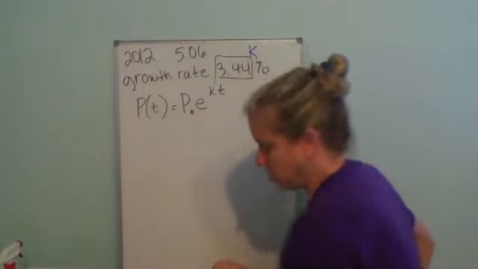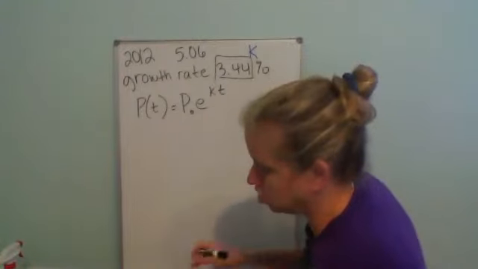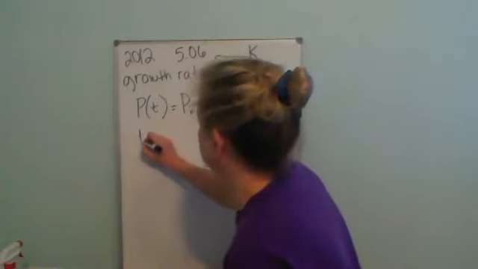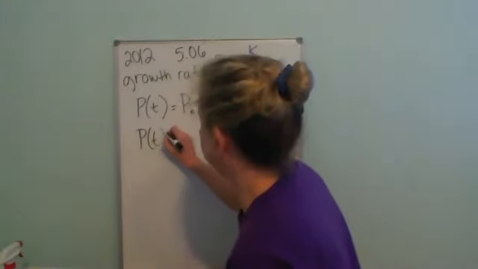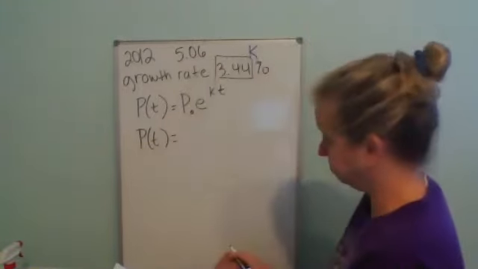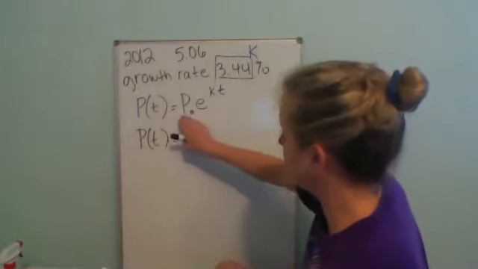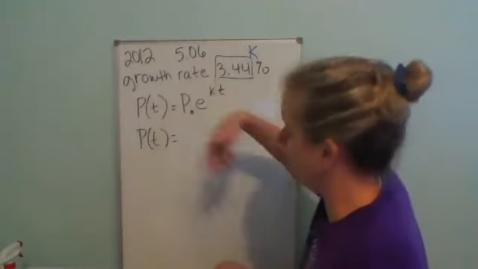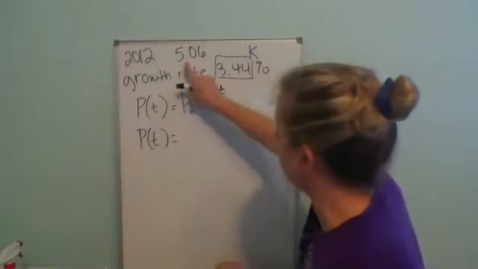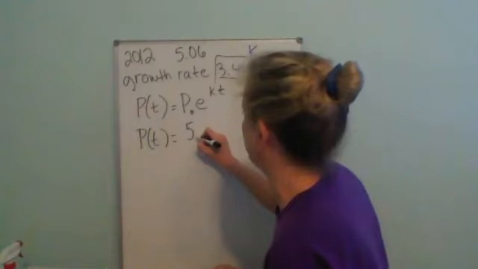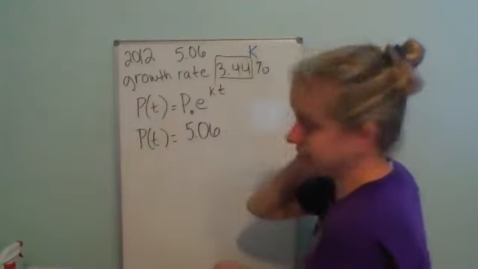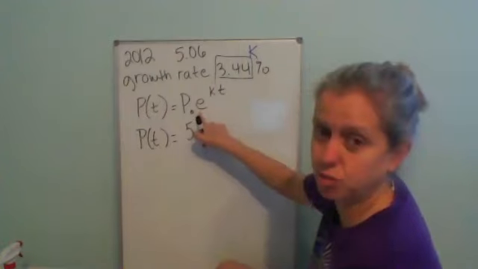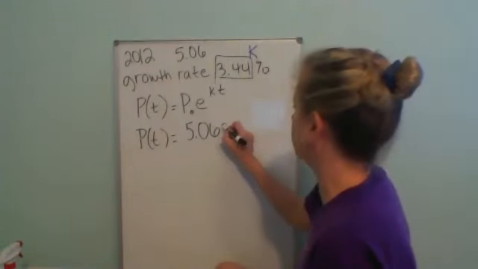The first thing it wants you to do is say the exponential growth function is, using this information, P of t. It gives you that part. Now, the first thing you're going to plug in is the population at the beginning of the situation, which was 5.06. There's your e, which we learned about in a previous section.